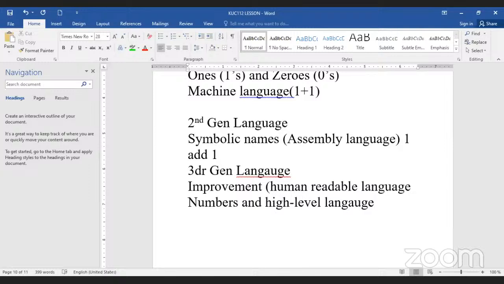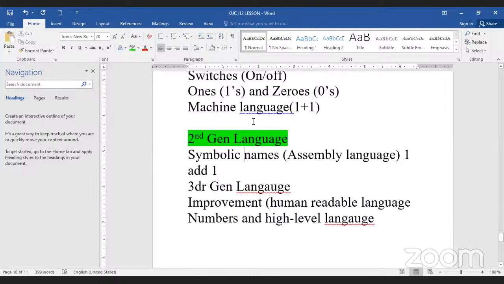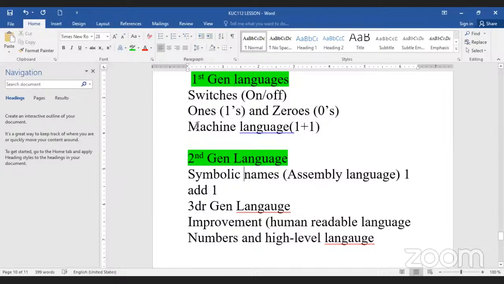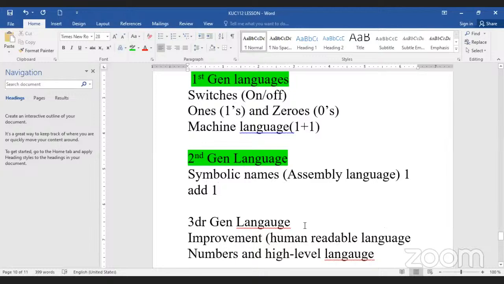So it means that when you write in assembly language, a computer needs to translate this language into machine language. If you use a human or high-level language, it means that a computer needs to interpret this language again into machine language.